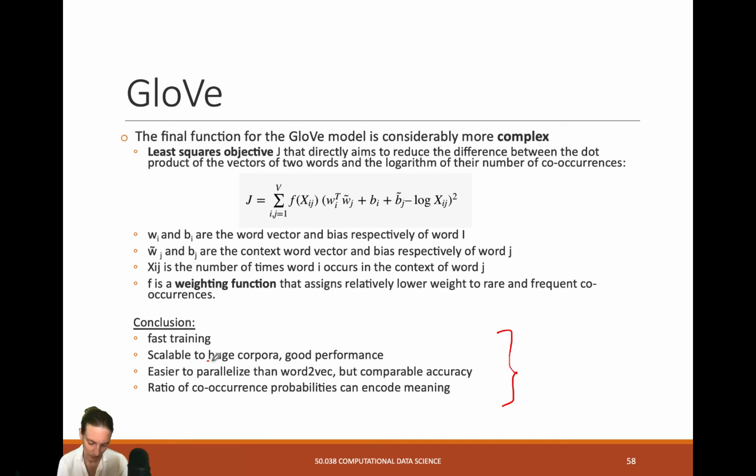It is scalable, just like Word2Vec. It has good performance. It is even easier to parallelize because, as you know, with neural networks we can't always parallelize the training. But it has a very comparable accuracy to Word2Vec. And basically, based on the previous table, we can see that the ratio of co-occurrence probabilities can help us encode meaning.